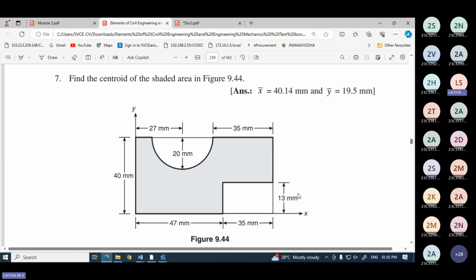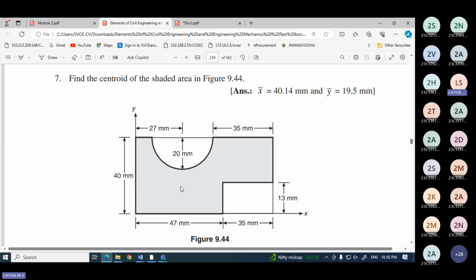Give me the equation. Tell loudly. Share the expression of x bar and y bar for this problem. X bar equals... if I take this rectangle as 1, this semicircle as 2, this rectangle as 3.